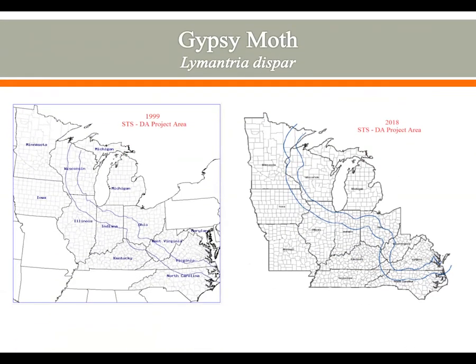Here we're showing a comparison of the barrier zones as they were back in 1999 versus what they are here in 2018. So you can see it really hasn't moved too much. We haven't been able to move it back here in Ohio and Indiana a little bit, but we have definitely slowed the spread of the gypsy moth.